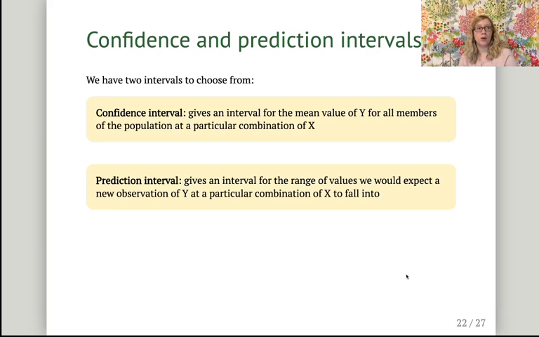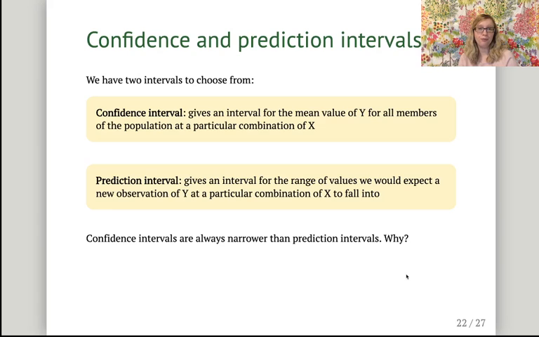So where are we going to expect that new observation to end up? Prediction intervals are always wider than confidence intervals. That's because prediction intervals are for a single value, and single values tend to vary much more than means do.